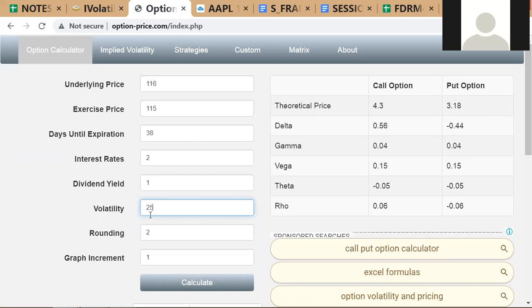If the vol input is 25, it produces a price of 4.3. So the way you understand I-Vol is, this is not good enough for me. I am going to keep on changing this vol input in the OVM until I get an OVM call option output. This is the output of the model, the call option price, until my model throws out an output which is equal to the market price.